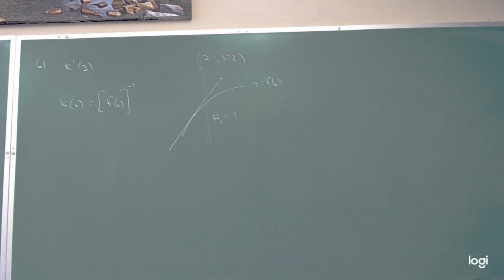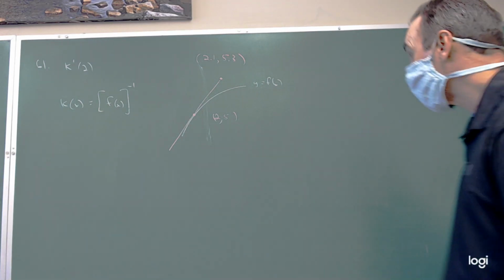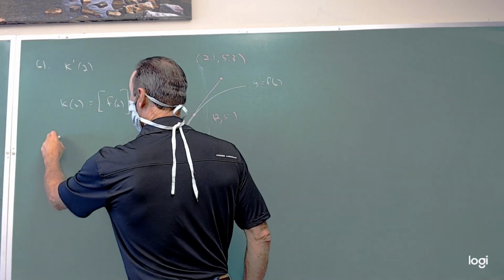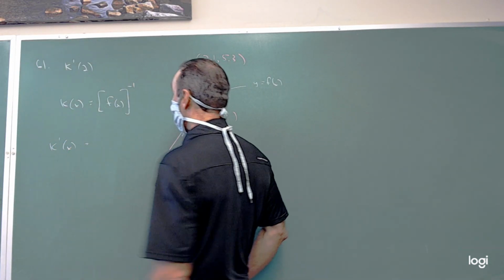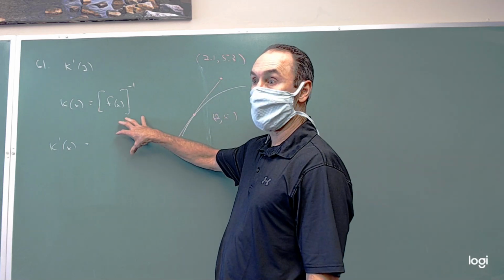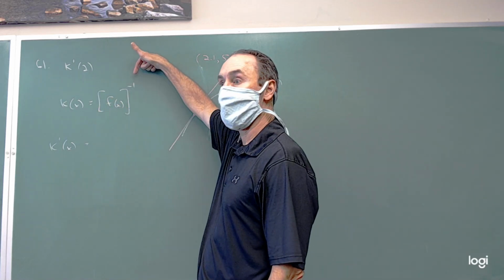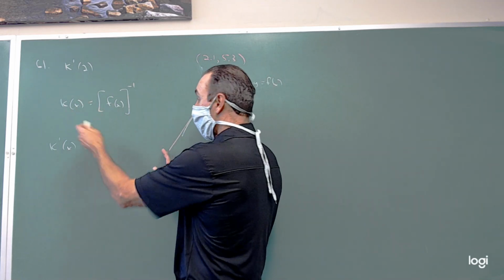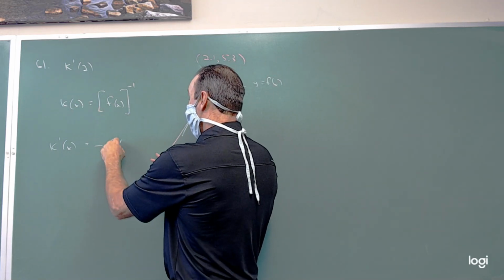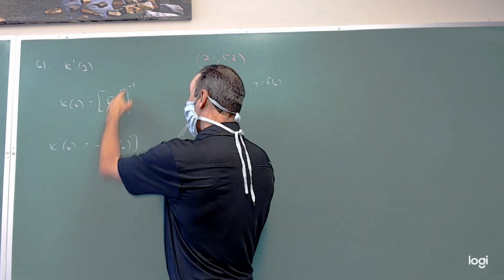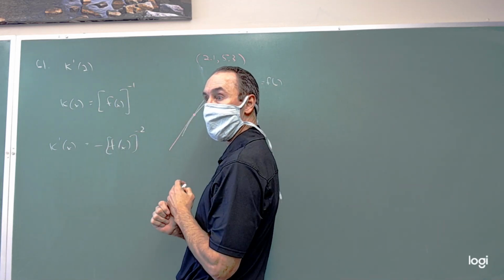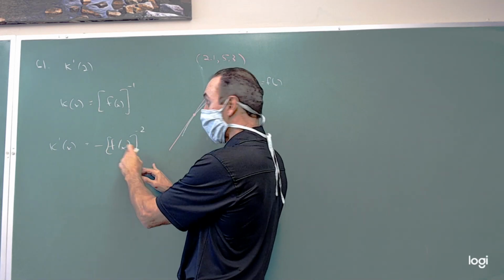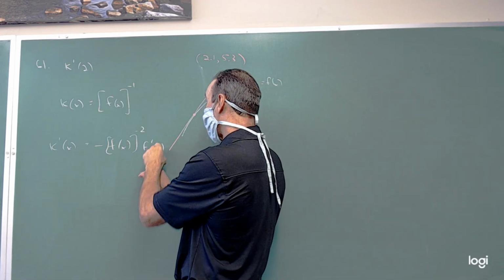So we are trying to find k prime of x first. k prime of x is going to be a chain rule derivative because you have a function raised to the negative 1 power. So we start with the power rule, and we get negative f of x raised to the, we subtract 1 from that exponent and get negative 2, then times the derivative of the inside function, which is going to be f prime of x.